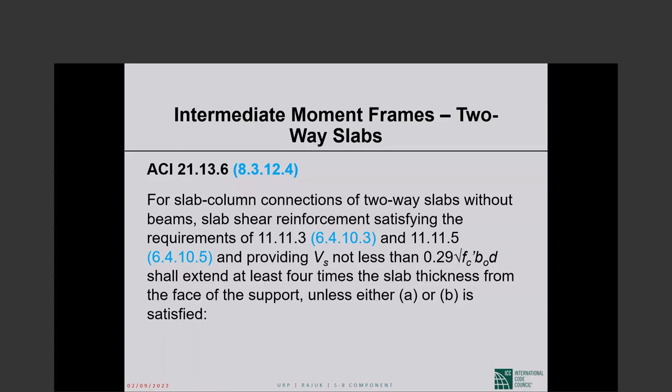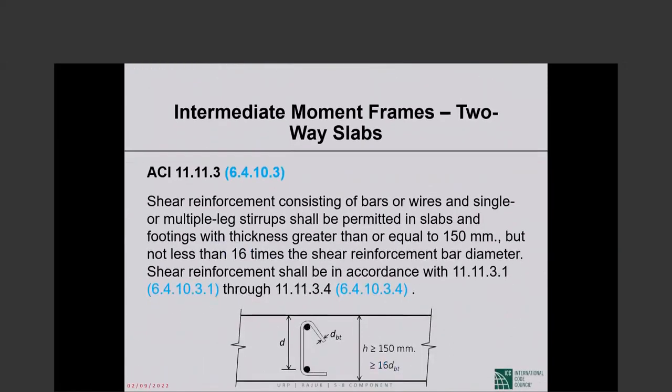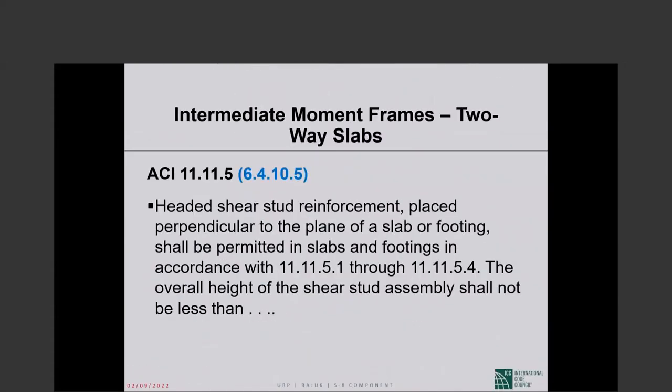Okay. So the prescribed amount, I don't know how important that is. The punching shear reinforcement that we are talking about can be in the form of stirrups, which require a minimum depth. You can look that up. I don't know that is terribly important.